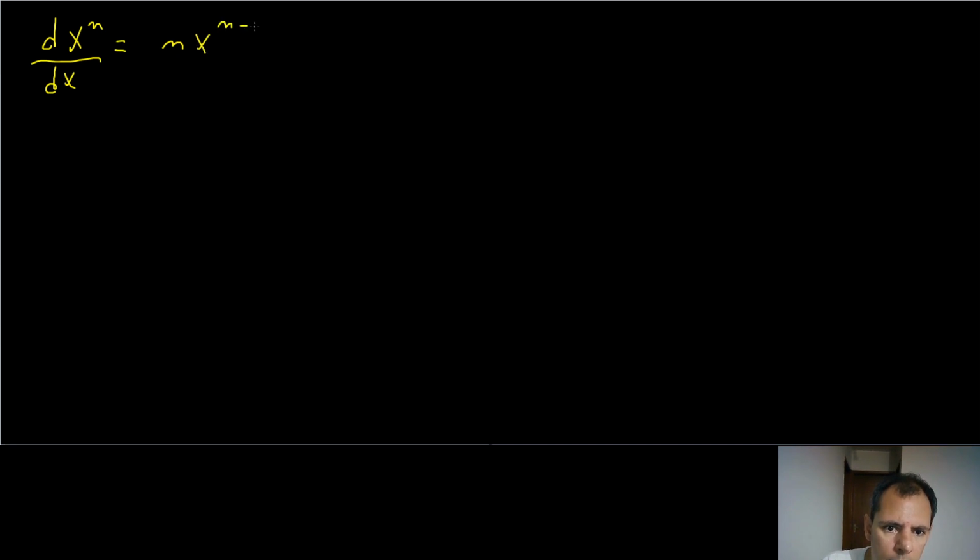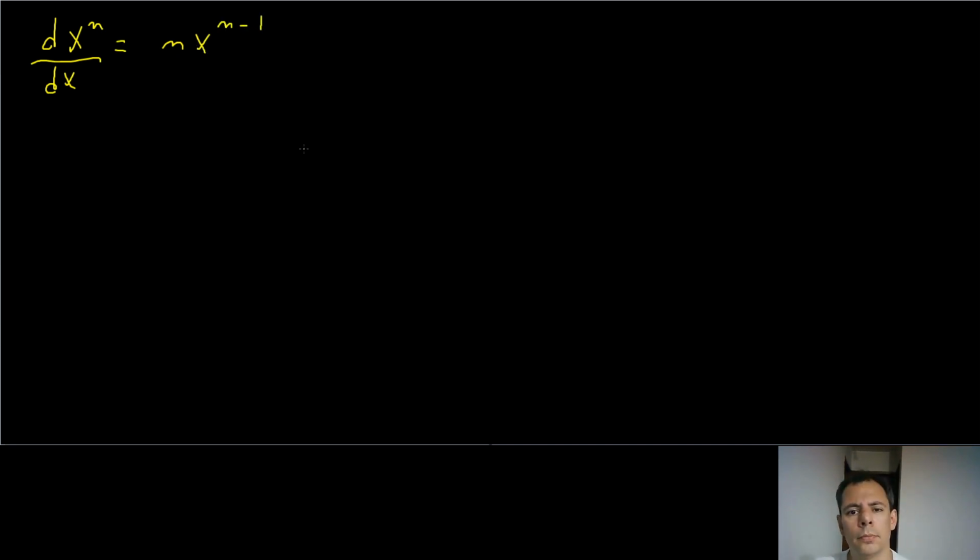Let's see, I'm going to stop this video right here and do something else. Oh yeah, there's something else that I want to show you guys. Remember that the derivative of x to the n with respect to x equals n x to the n minus 1.